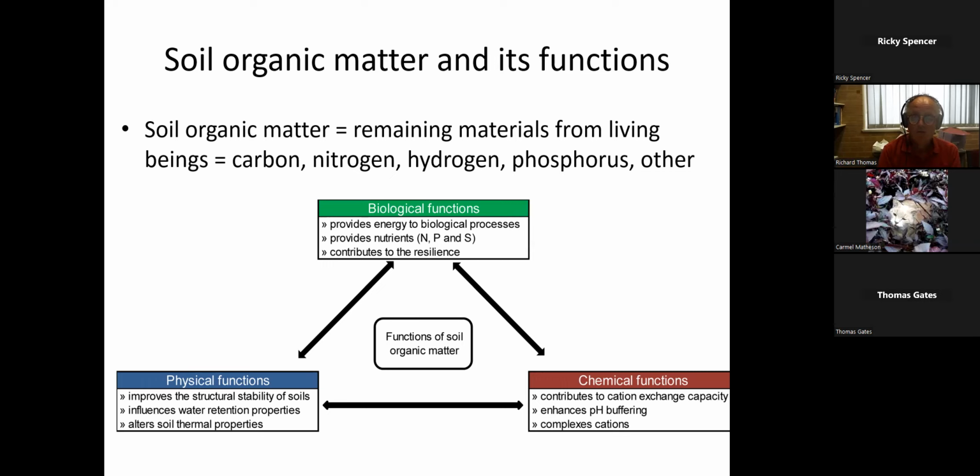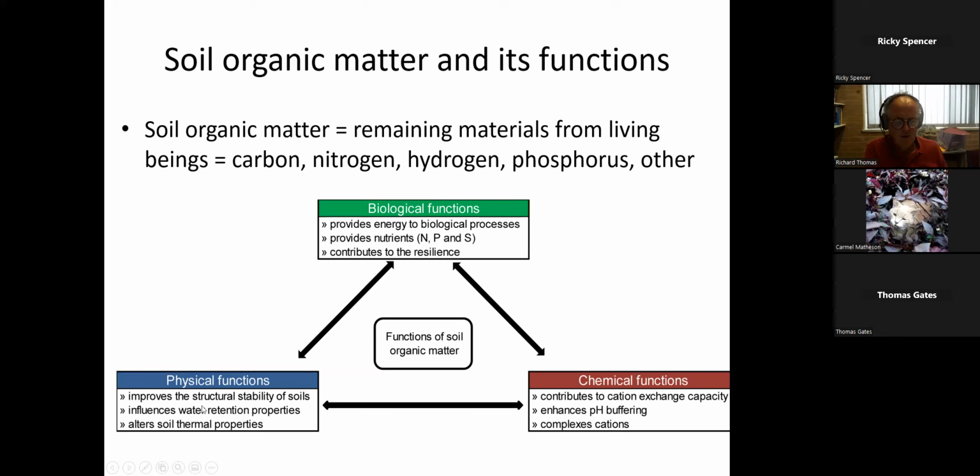They contribute to the resilience of the soil, and we are actively involved in trying to increase the carbon content of soils, as part of carbon sequestration and a response to climate change. So the biological functions depend on carbon, nitrogen, phosphate, the organic content of the soil.